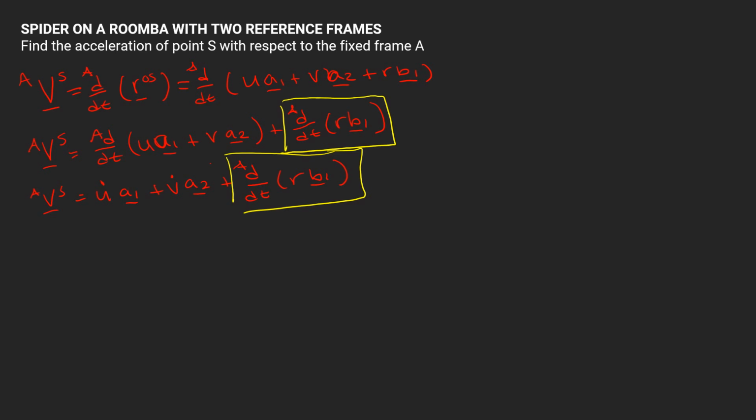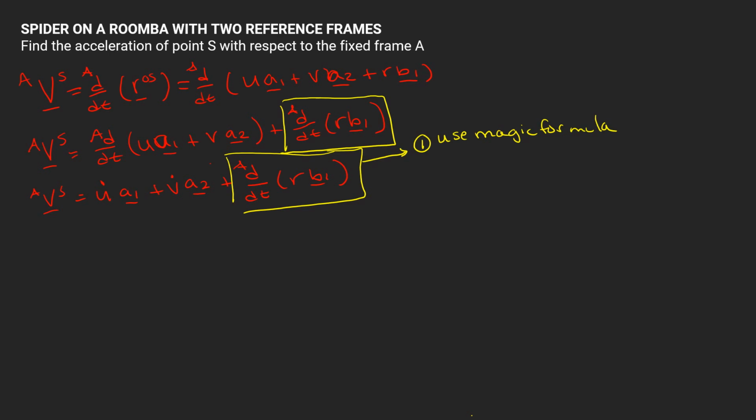So there are two ways now that you can handle this term. The first approach is to use what's called the magic formula. However, we have not gotten to that. That is for the next video.